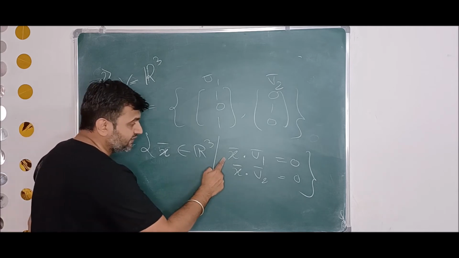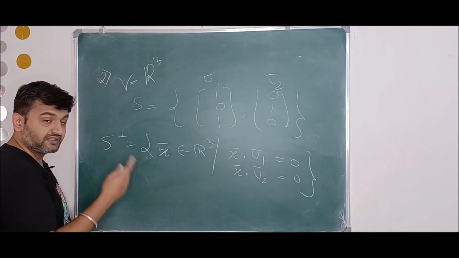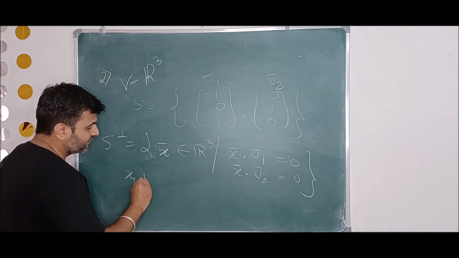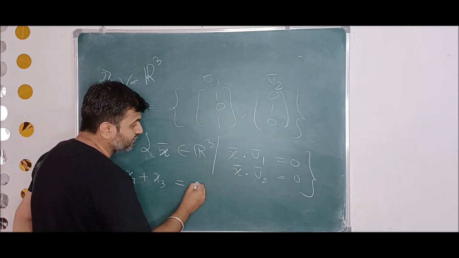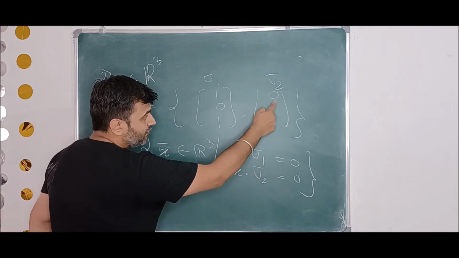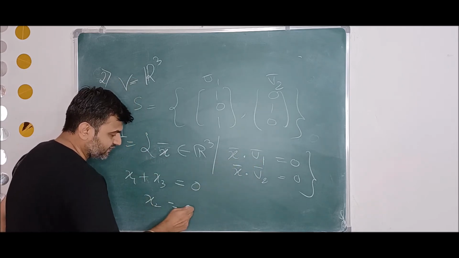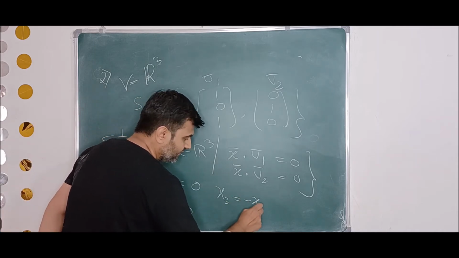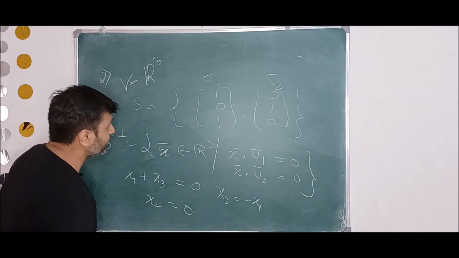Now what does the first one imply? Your X bar is (X1, X2, X3). When you take the dot product, I have X1 plus X3 equal to 0, and here I have only X2, so X2 is equal to 0. So your X2 is 0, your X3 is minus X1.